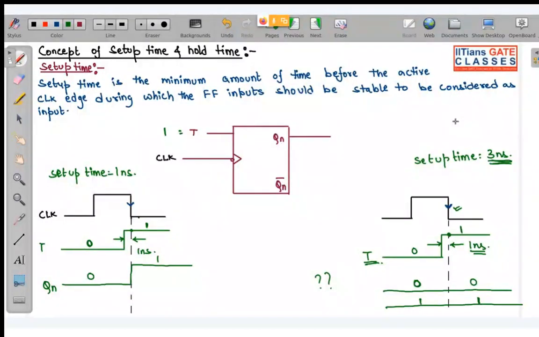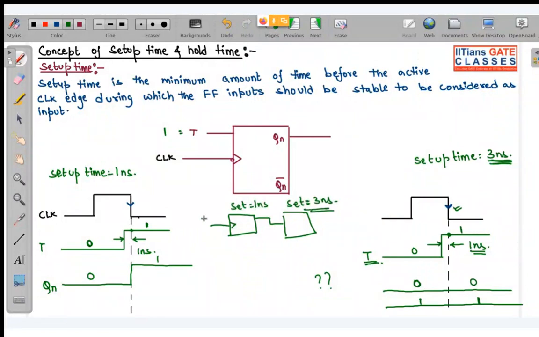See, now one more thing, you might be wondering, if we have a register or a counter in which we have multiple flip-flops, so if this flip-flop has a setup time of 1 nanosecond, this might have a setup time of 3 nanosecond.